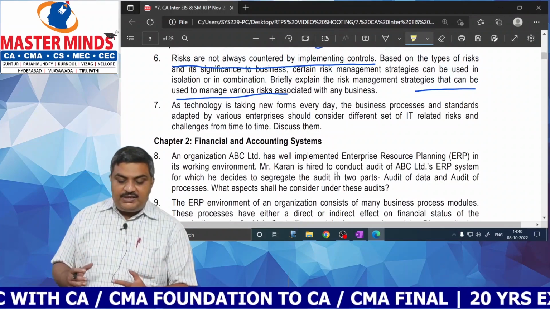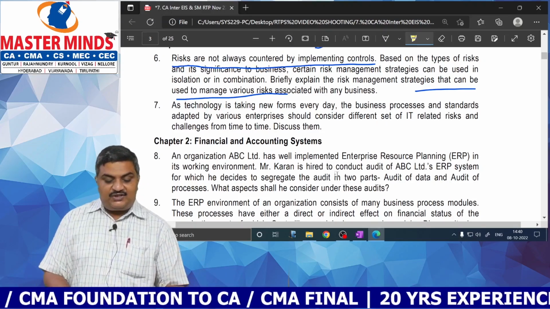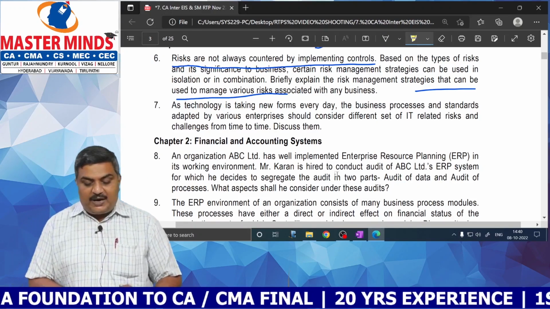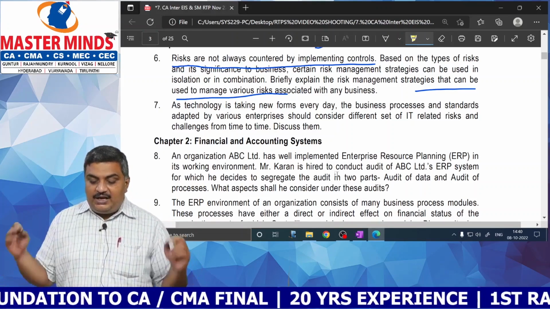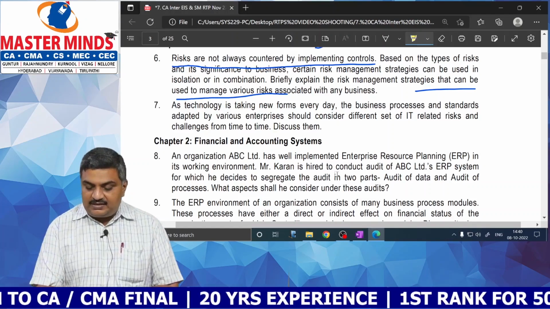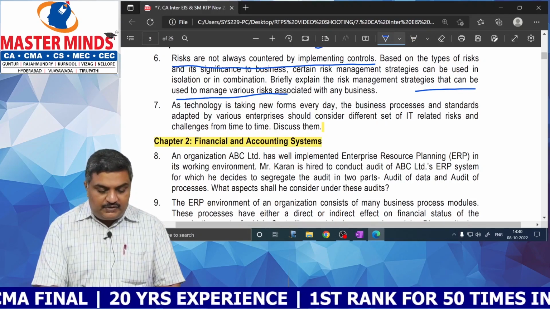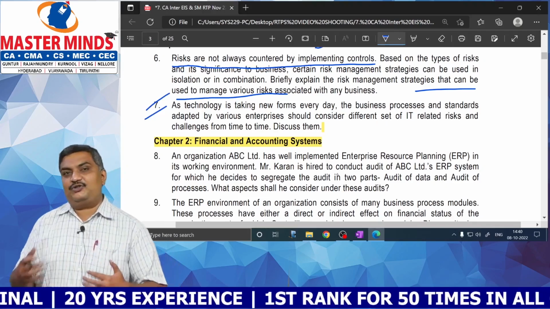As technology is taking new forms every day, the business processes and standards adapted by various enterprises should consider different set of IT related risks and challenges from time to time. Discuss them. Yes, definitely technology may give a lot of risks to the business.